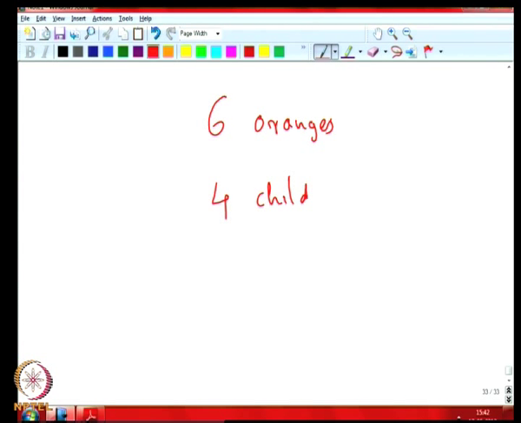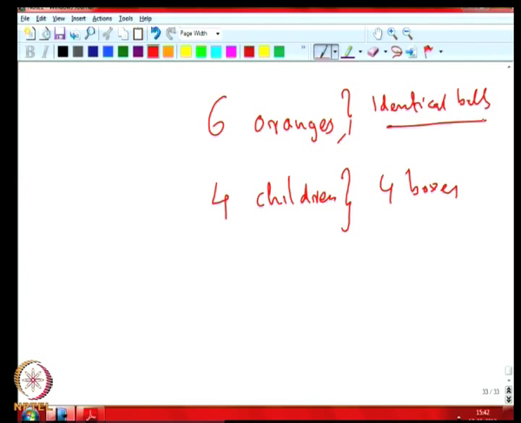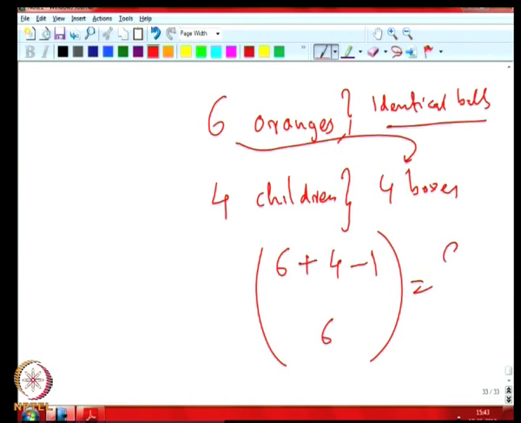So, 4 children should be considered 4 boxes now, and then the 6 oranges are the 6 identical balls. Now, 6 identical balls have to be distributed to 4 boxes, and that 6 is R. So, 4 minus 1 choose 6, that is 9 choose 6. This is the number of ways to do this thing.